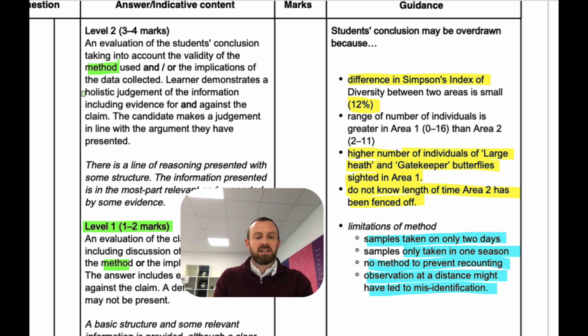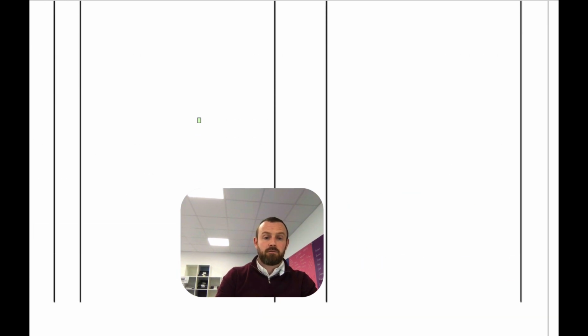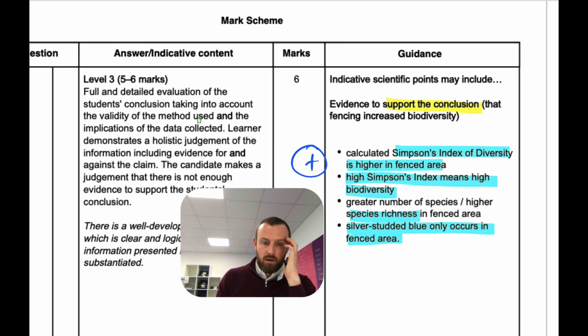So there is some holistic judgment of the information. So overall, I think that the conclusion is valid or invalid. And for the 5 or 6 marks going up here, what do we need? Full and detailed evaluation. We need to talk about the method, we need to talk about the data, and there needs to be a holistic judgment.